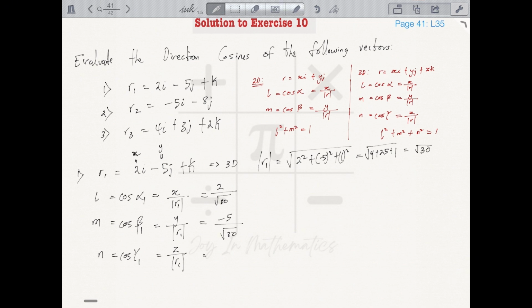Similarly, z, which is equal to 1, divided by the modulus of r1, which is root 30. Now we can see how simple it is to evaluate direction cosine.